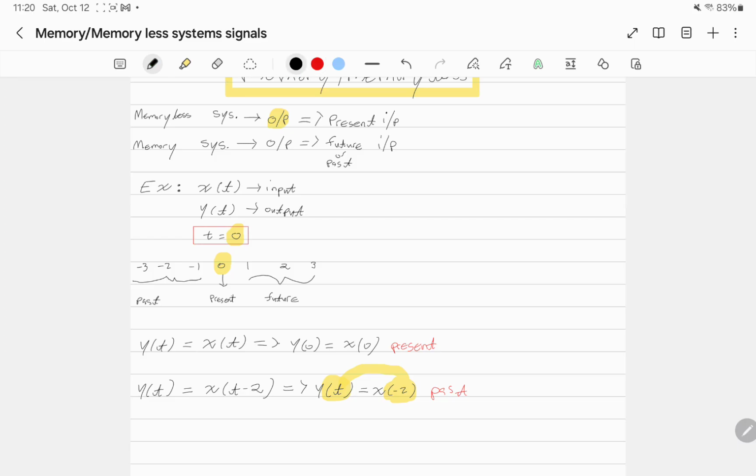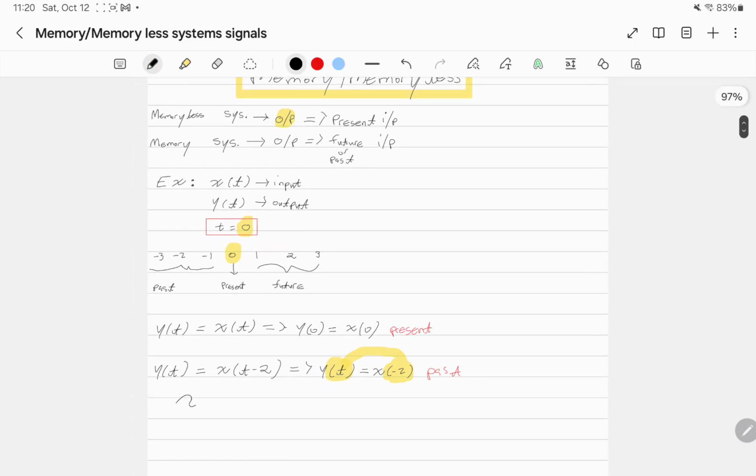And we're going to have a third example. Let's say we have y of t is equal to x of t plus 3. So we plug in our present value 0. So y of 0 is equal to x of 0 plus 3, which is x of 3.